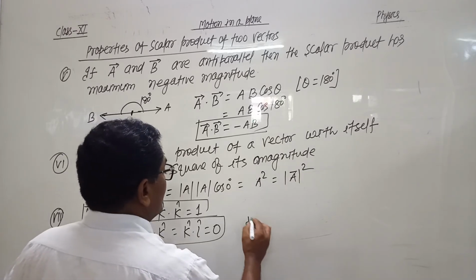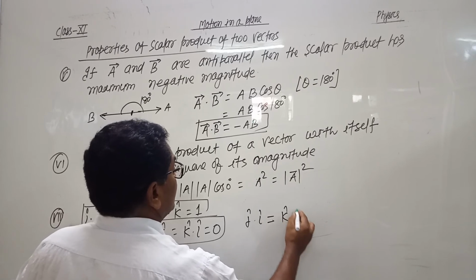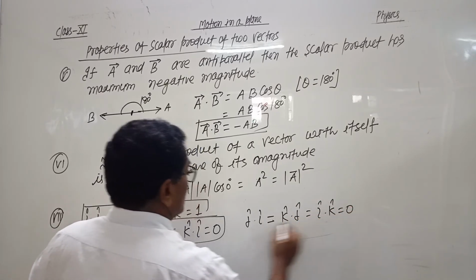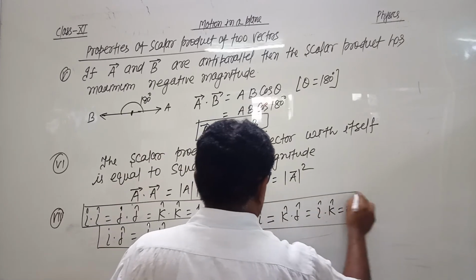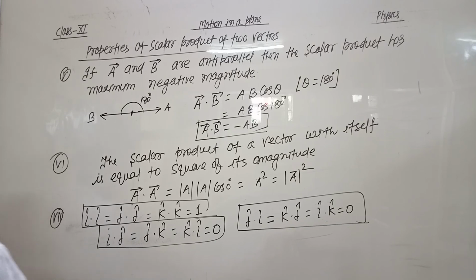It means j dot i equals k dot j equals i dot k equals 0. So i dot i, j dot j, k dot k equal 1, and i dot j, j dot k, k dot i equal 0.